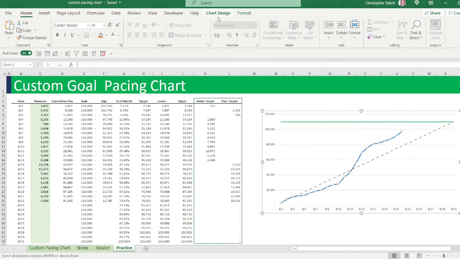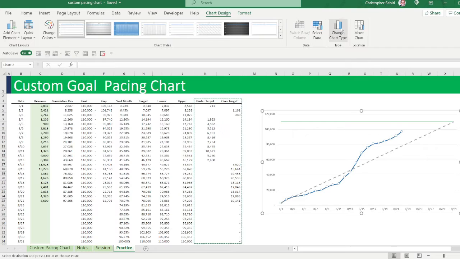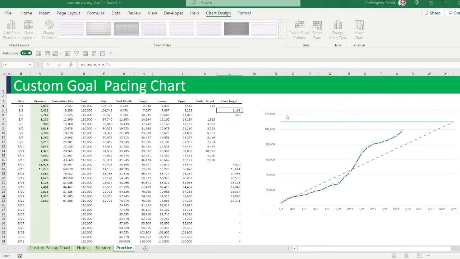Okay, so here we still select data. Sorry, we seem to have lost the lower. So select data, add the lower. I will do this, add this. I will just be quick on this. Then edit this, it has to run up to 34.